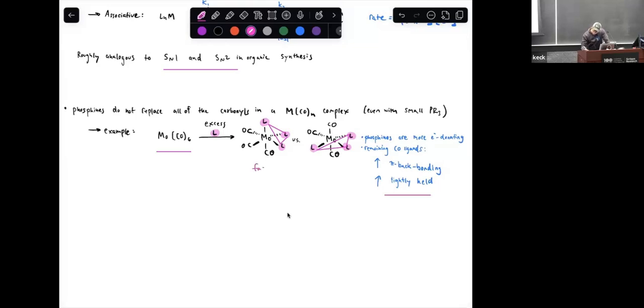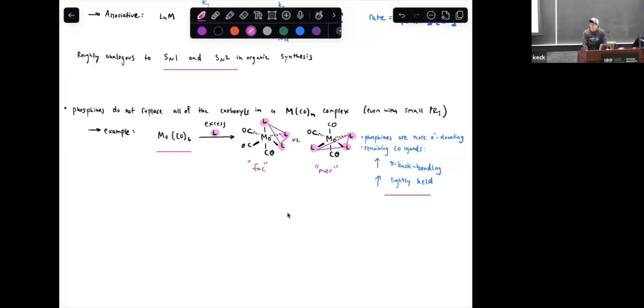We describe this arrangement as facial, where all three incoming phosphines are on one face of the octahedron, and the other isomer as meridional, or FAC and MER for short. Would anyone like to hazard a guess as to which would be the preferred isomer formed?